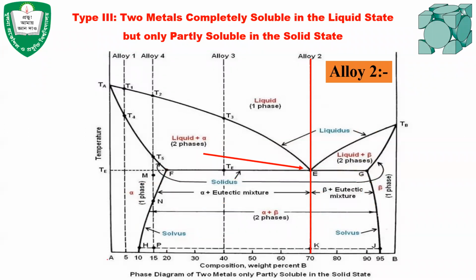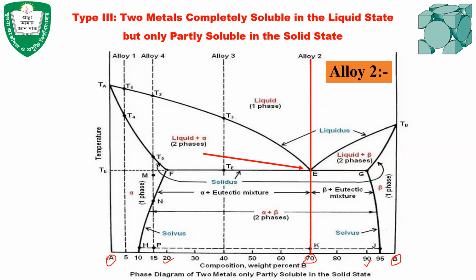Always remember that we are considering element A and element B. The type 3 diagram, it's not necessary that it will always look like this. Just like the eutectic mixture, it's not constant for all the materials at 70% B. It's not like that. It can be anywhere. It can be 20% B. It can be 90% B, anywhere.